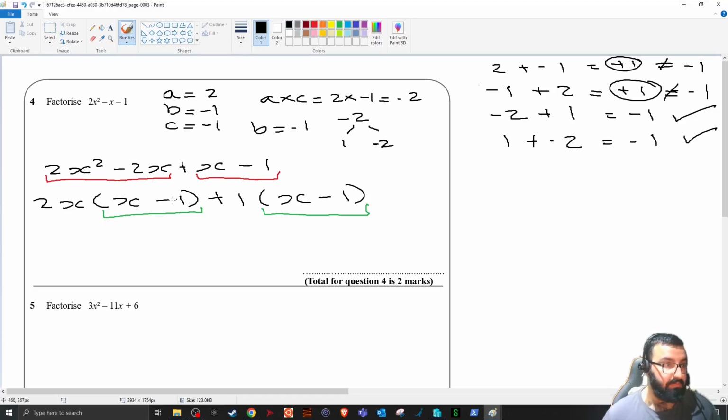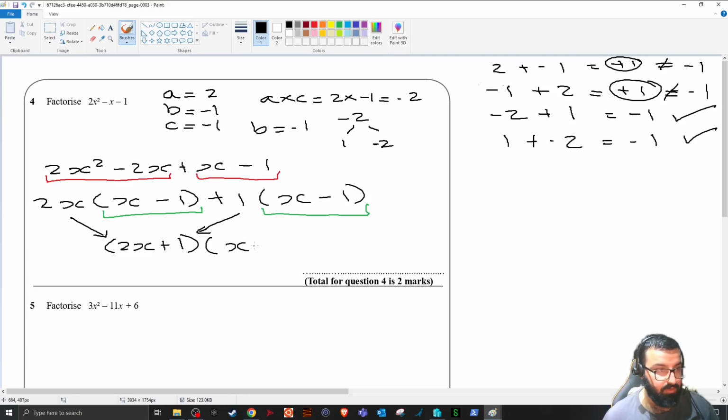So, like I said, these two brackets always have to be identical to one another. We're going to put these two outer factors into one bracket, so 2x plus 1, and that always happens whenever you're factorizing any quadratic expression, and the other one's going to be x minus 1. And that's our final answer, so 2x plus 1, x minus 1.